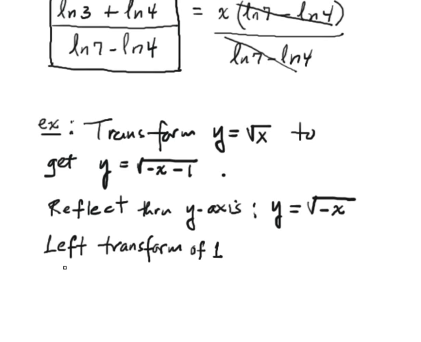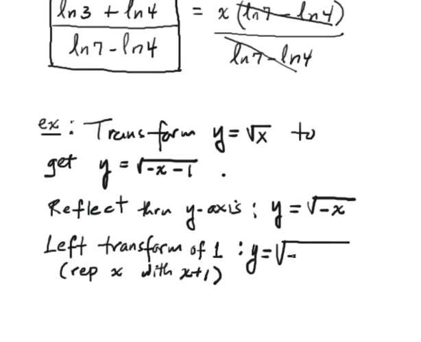In other words, we're going to be replacing x with x plus 1. That would be a transformation to the left. We have to do that carefully because of the minus in front of the x. That's a left transformation, and just multiplying through, we have minus x minus 1, which is what we're aiming for.